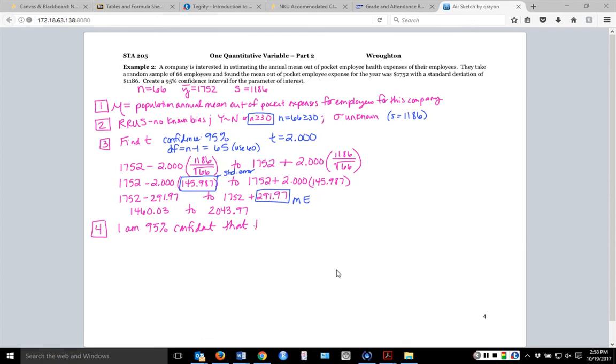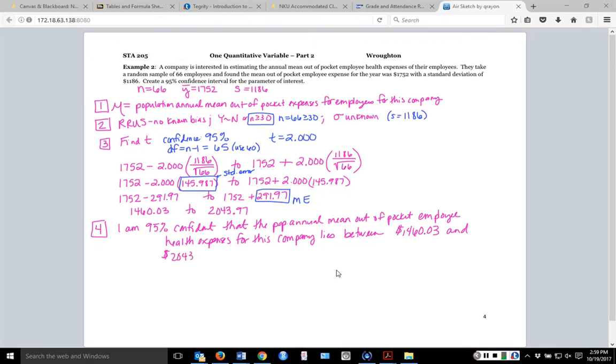So we're going to be 95% confident that the population annual mean out of pocket employee health expenses for this company lies between $1,460.03 and our $2,043.97. And that's what our steps look like.